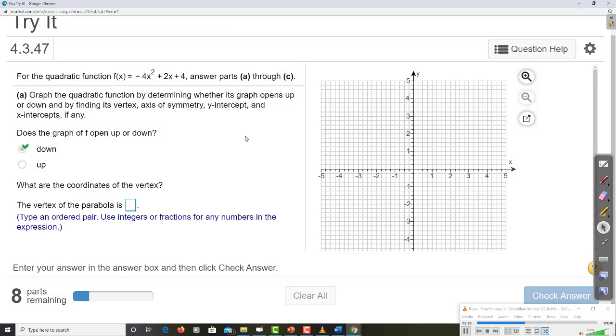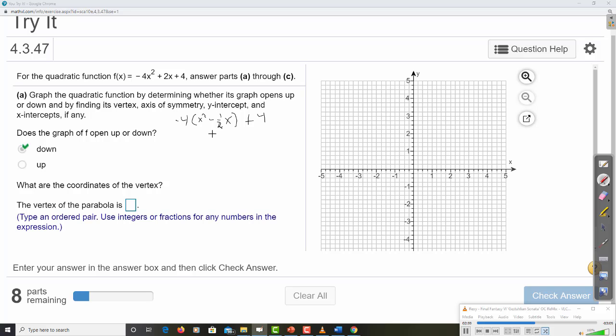Vertex. All right, we'll learn another method for doing this in the next video, but for right now, let's just complete the square. So if I pull out negative 4 from my two x terms, I'll get negative 4 times x squared minus 1/2 x. Got my plus 4. Then, complete the square.